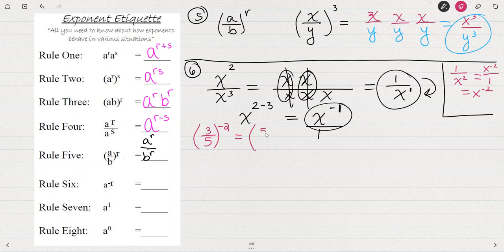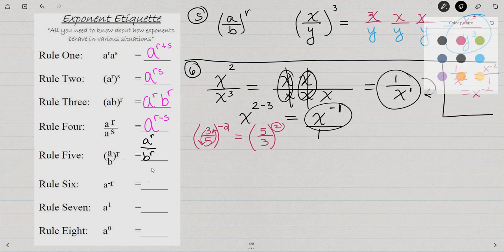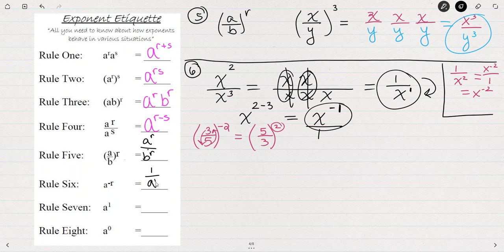That's going to be, flip it, so 5 over 3 squared, because this 3 comes to the denominator, the 5 has to come to the numerator, so we just do a flip, and that's how we make it positive. But the way we'll write this is simply 1 over a to the r. But you could see it also as 1 over a, so it's the reciprocal of a to the r power.